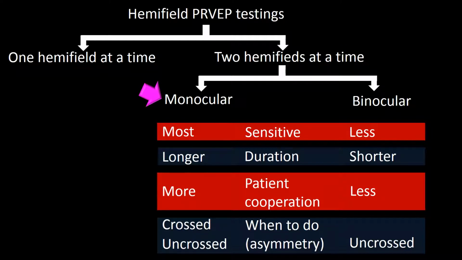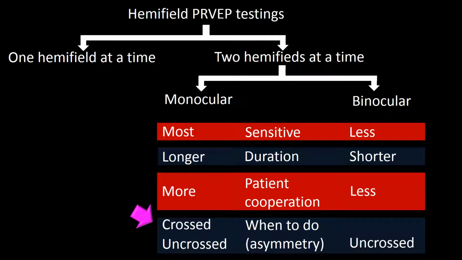When both fields of the same eye are stimulated in an alternating fashion, the study is labeled monocular. Monocular method is more sensitive than the binocular method, but it takes longer and requires more patient cooperation.